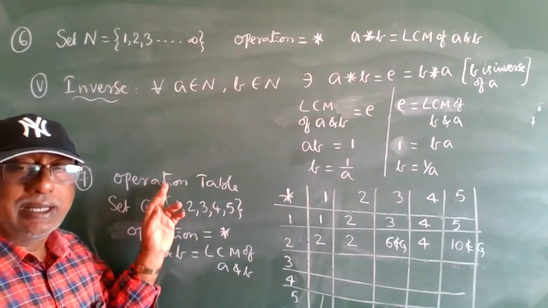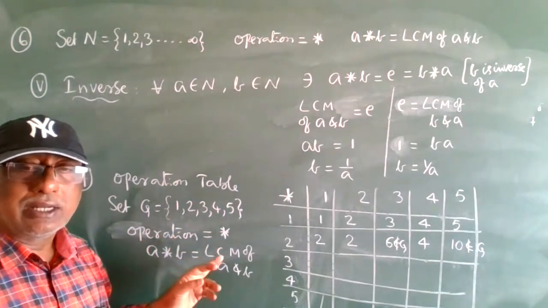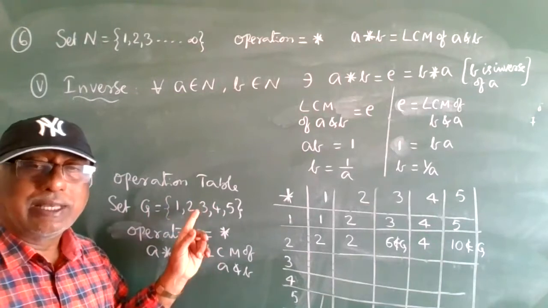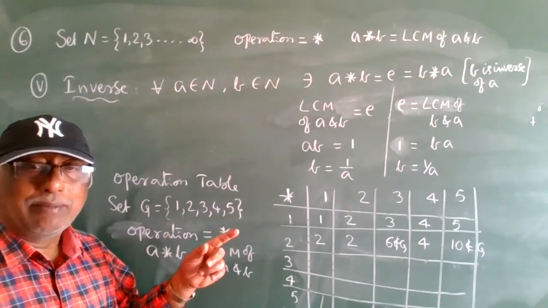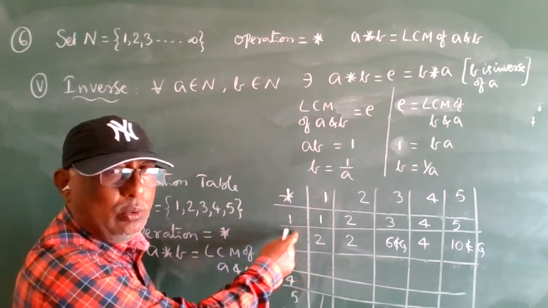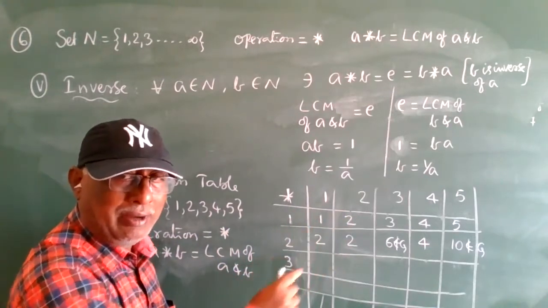So here is an operation table. The set G is given, star is given, A star B is the LCM of A and B. The set is 1, 2, 3, 4, 5. The LCM of 1 and 1 is 1, 1 and 2 is 2, 1 and 3 is 3, 1 and 4 is 4, 1 and 5 is 5.